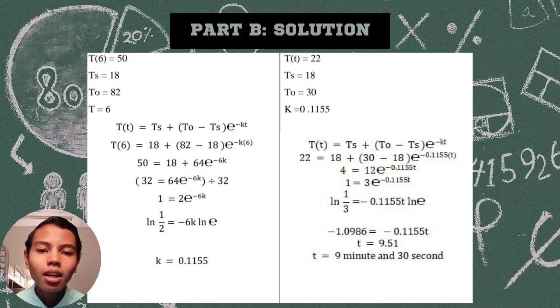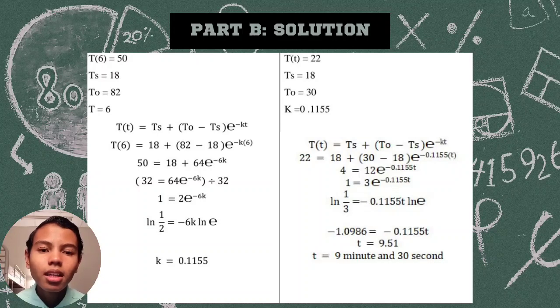In the formula, T(t) is the temperature at that time, Ts is the surrounding temperature, To is the initial temperature, k is the constant, small t is the time taken, and e is the exponent.